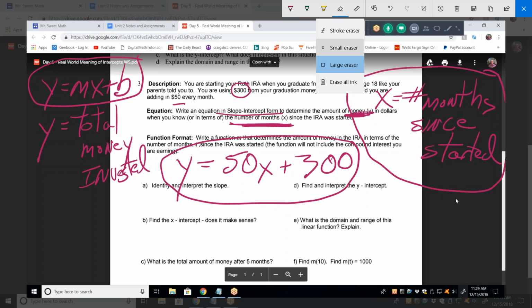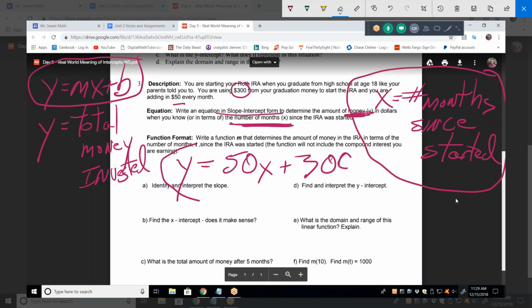I've covered up some of what I need to read here. So write a function m that determines the amount of money in the IRA in terms of the number of months t.